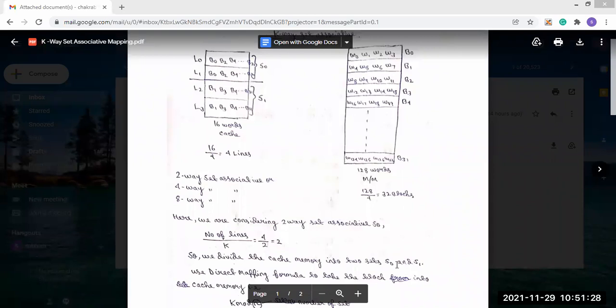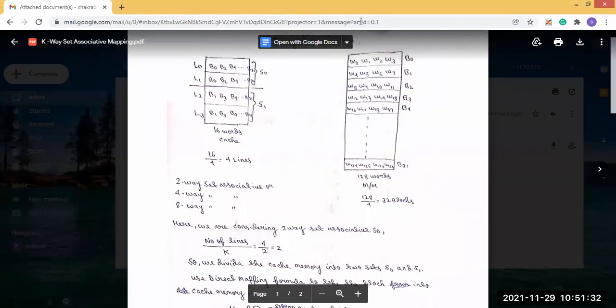So we found S0 and S1 already. S0 means line number 0 and line number 1 will be present in set number 0, and line number 2 and line number 3 will be present in set number 1. We divided the lines as number of lines divided by K, so 4 by 2 gives 2.